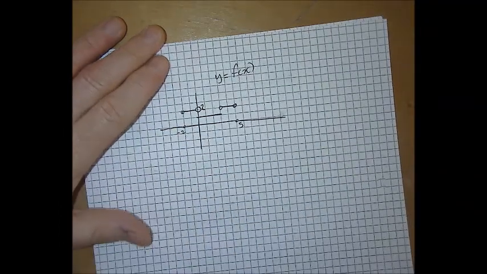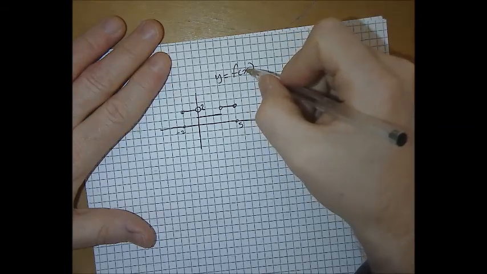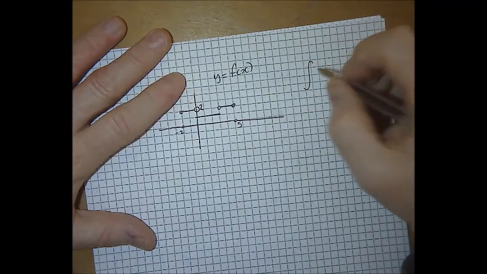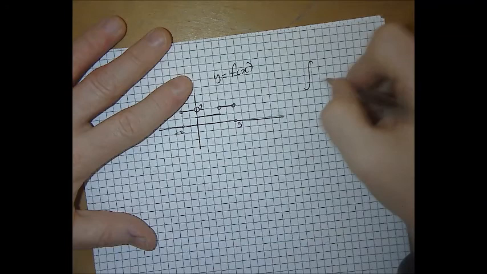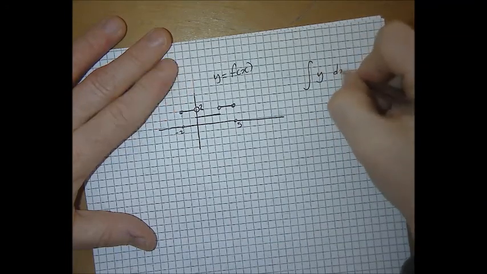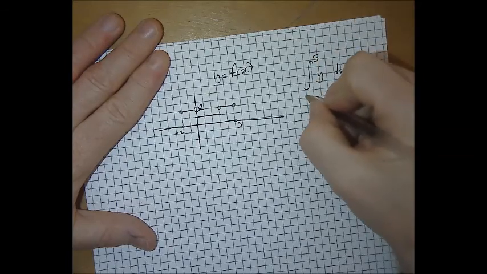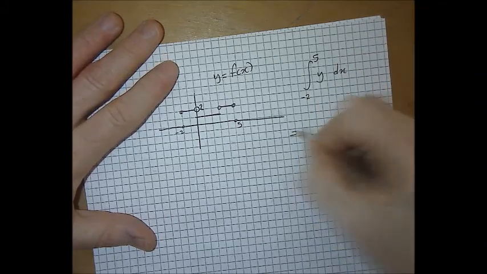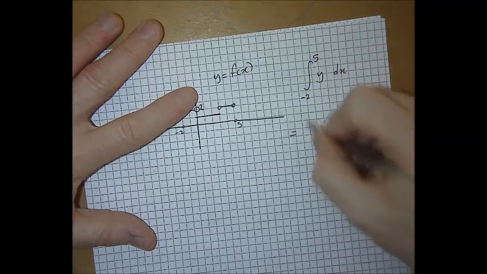Now, so the mystery algebra for that graph is just f(x). So I don't have any algebra, so I can just write f(x), or y, and it goes as far to the right as 5 and as far to the left as -2. Okay, we also learnt that instead of the curly, we can write the primitive.